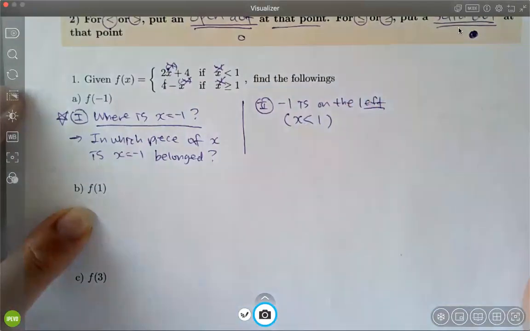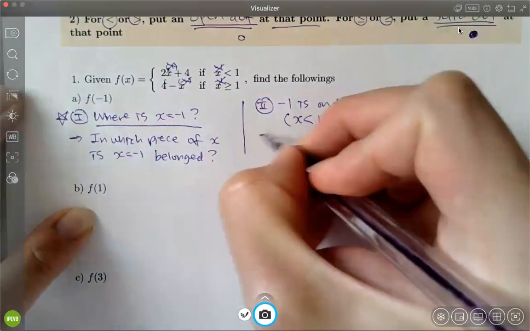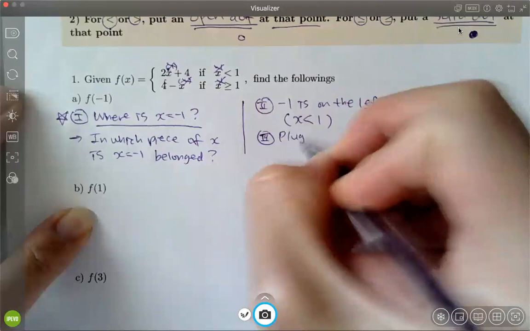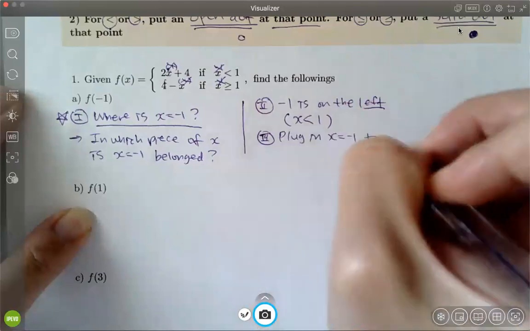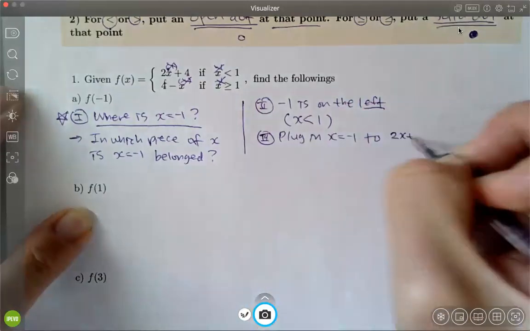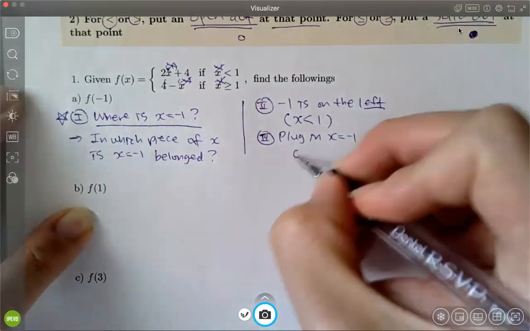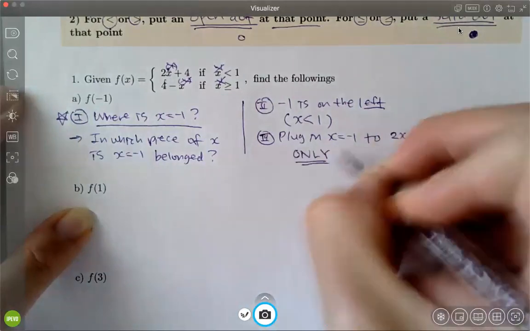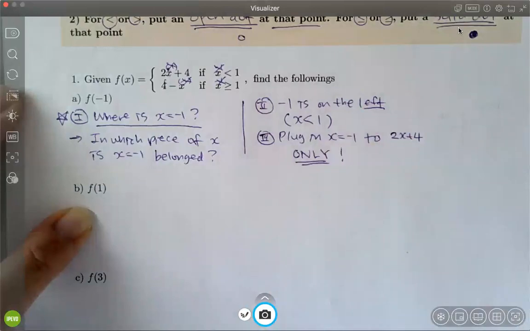Okay, so what does that mean? Plug in x equals negative 1 to 2x plus 4 only, right? Not 4 minus x, because that controls the other region, which negative 1 does not belong to.